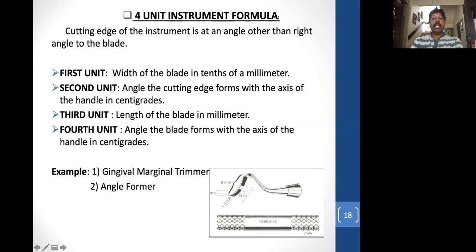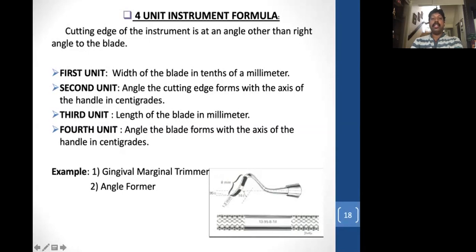What is added? Angle of the cutting edge forms with the axis of the handle in centigrade. ये तो पूरा cutting blade का angle किया ना हमने पहले, पूरा का पूरा. There is one more angle होता है, like cutting edge जो है ना, ये जो वो भी handle के साथ angle बनाता है. मतलब इसके साथ angle of the cutting edge forms with the axis of the handle in a centigrade. Okay, ये जो angle है इसके साथ ये बनता है ना ये angle, that is called as second unit.